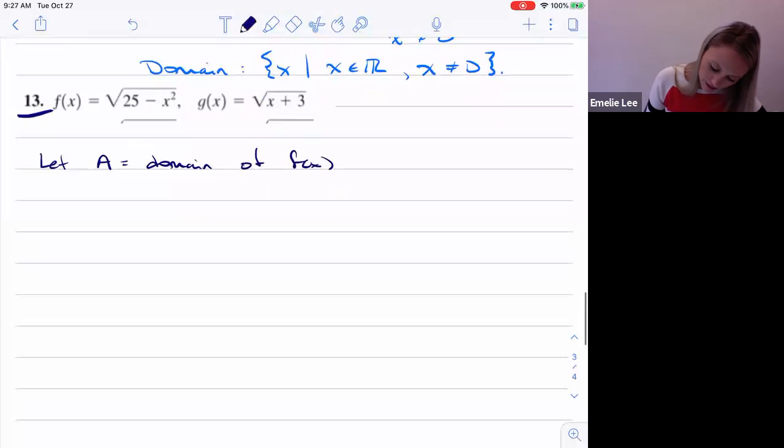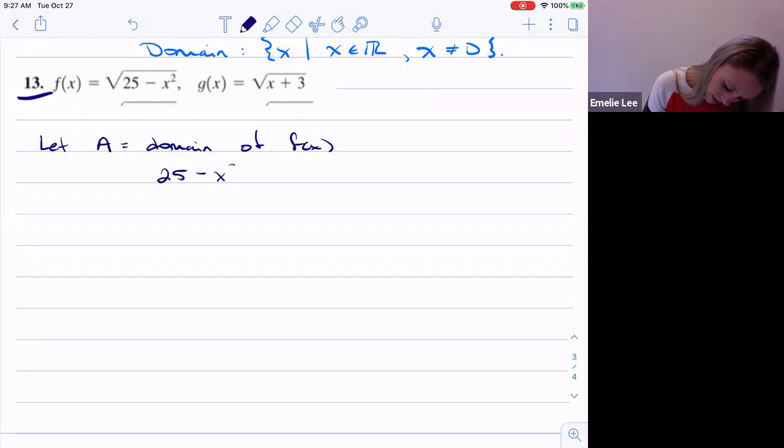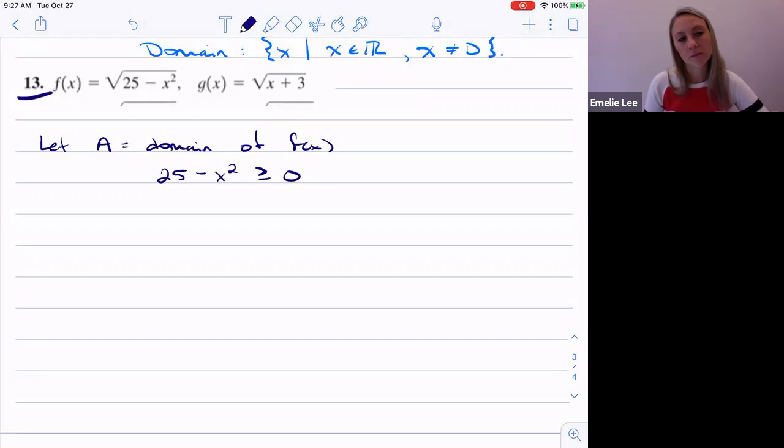So what we've got here is 25 minus x squared has to be greater than or equal to 0. And so what we can do, we can add x squared to both sides.